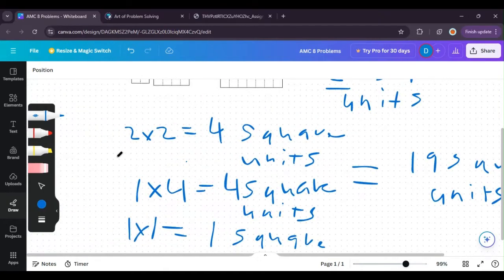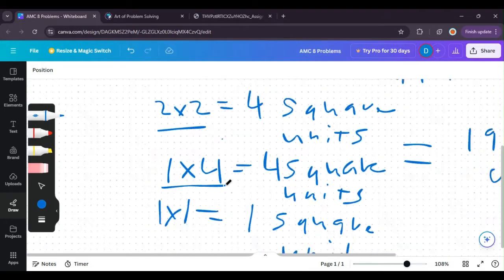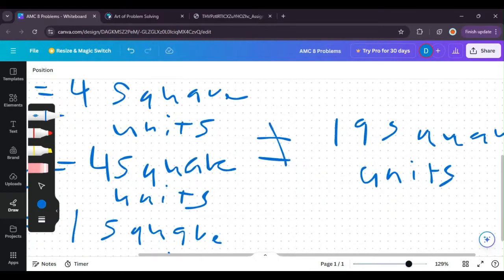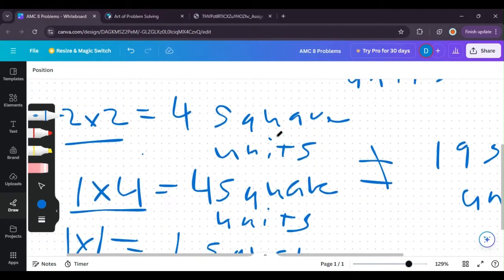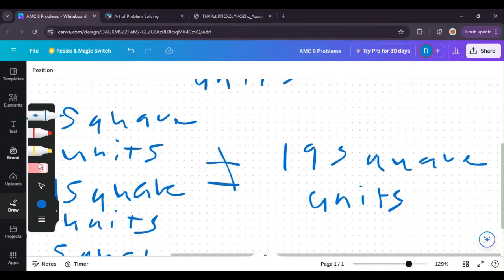So the 2x2 and the 1x4 have to cover a total of 19 square units. And that is impossible because they both have an area of 4 square units, and 19 is not a multiple of 4. So we know that is false.